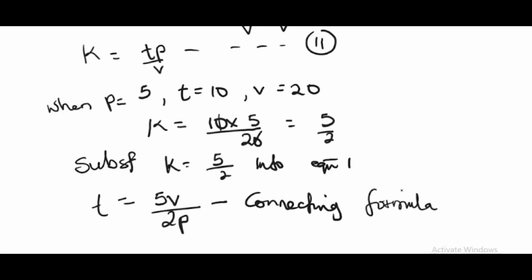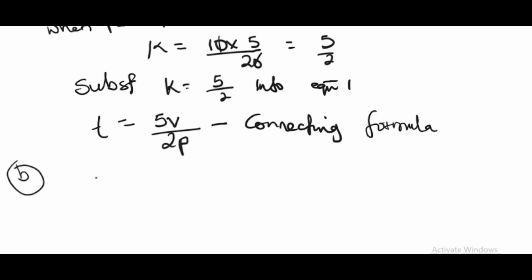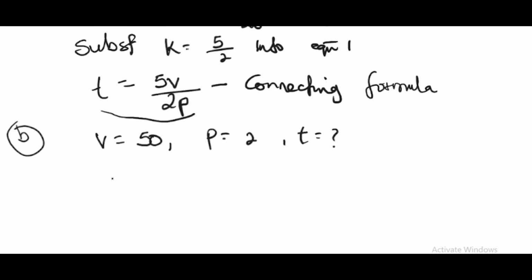Then the next question says that we should find T when V is 50, P is 2. We don't know T. So we're going to substitute into the connecting formula to find T. So T becomes 5 times V, and V is 50, over 2 times P, and P is 2.